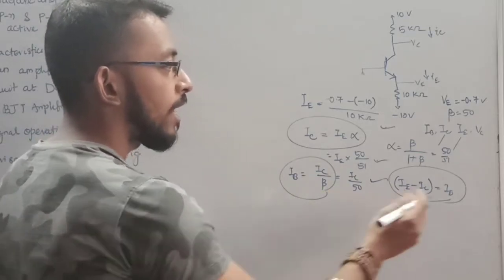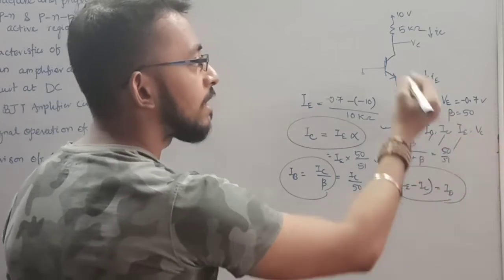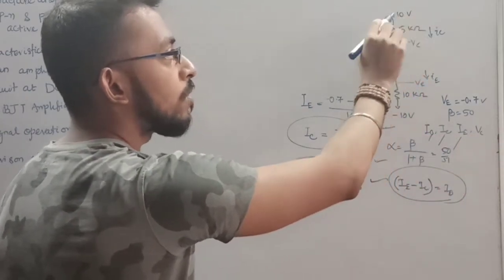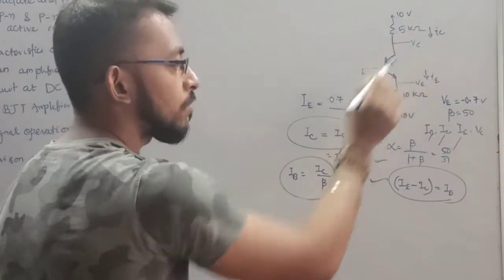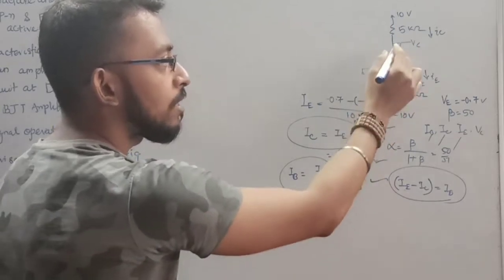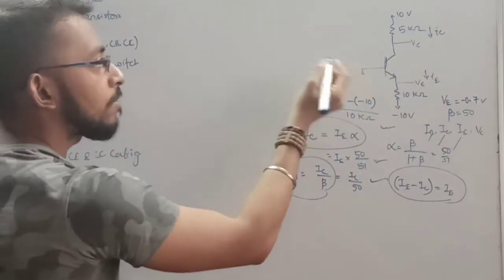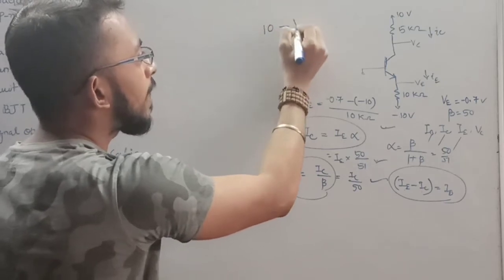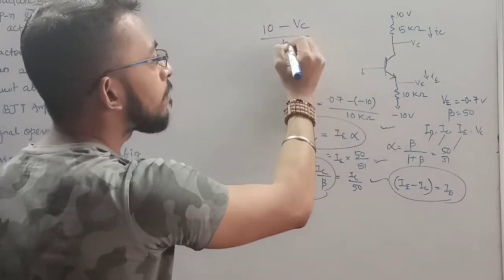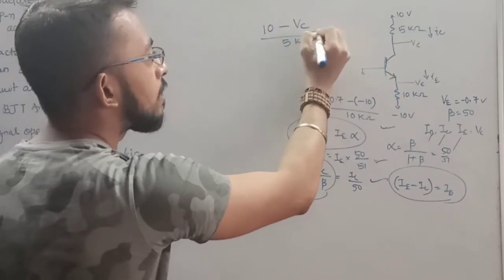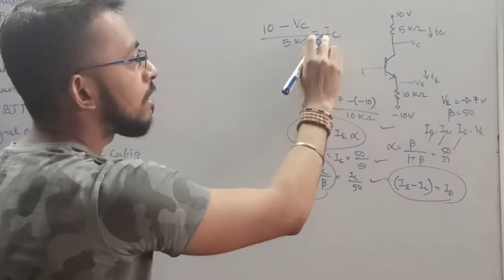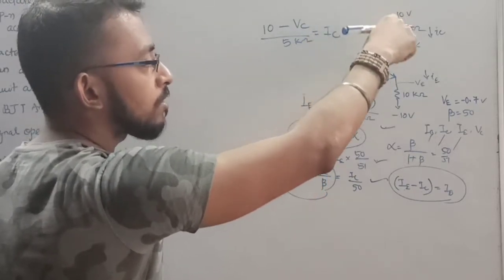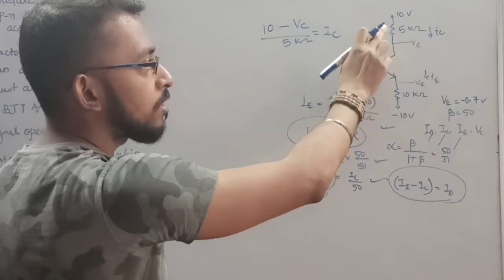Okay, the next one asks what is the value of VC. We know this voltage, we know the resistor, we know the current, the IC. Then easily we can find this value VC. What is the value of VC? So 10 minus VC upon the 5 kilo ohm resistor, that is nothing but my IC. What is the current across the collector junction? This voltage minus this voltage upon this resistor.